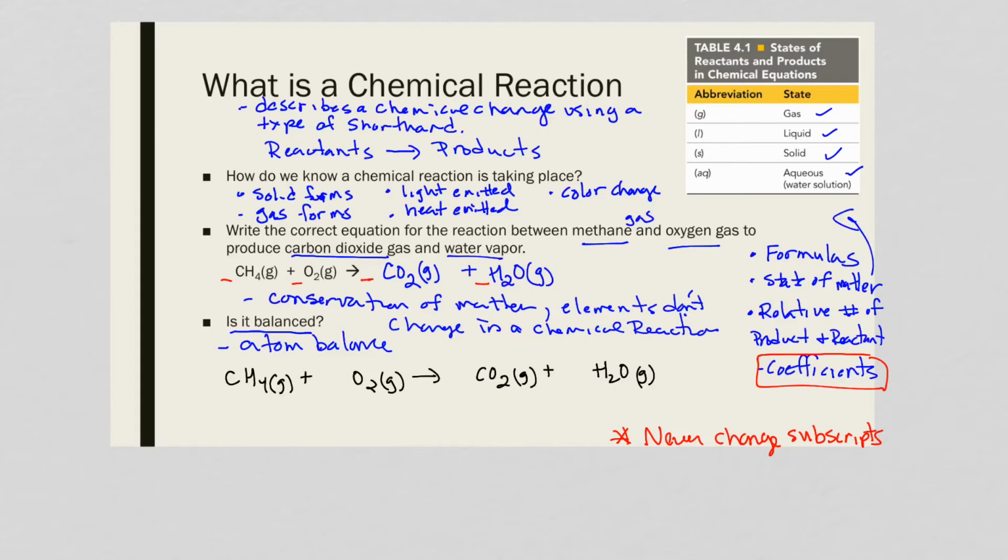So if I first start with carbon, I have 1 carbon on the reactant side and 1 carbon on the product side. So it's balanced. It's all good. So let's do hydrogen next. I have 4 hydrogens here, but I only have 2 hydrogens over here. So how can I possibly get the same number?